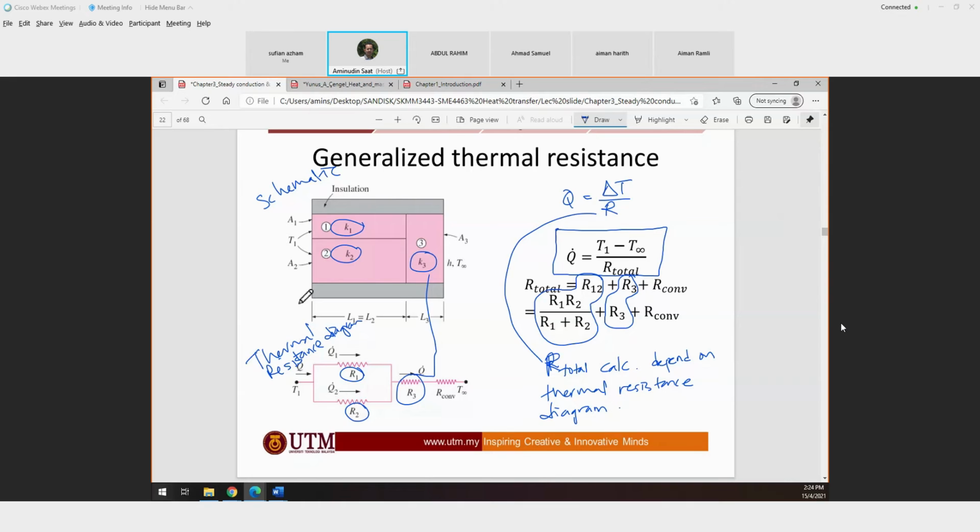But if you have parallel resistances, then you have to find the equivalent resistance. So this R12 is the equivalent resistance for the combination of R1 and R2 due to the parallel arrangement.